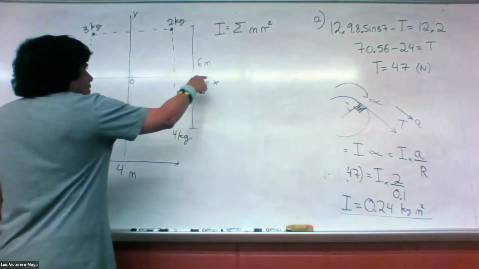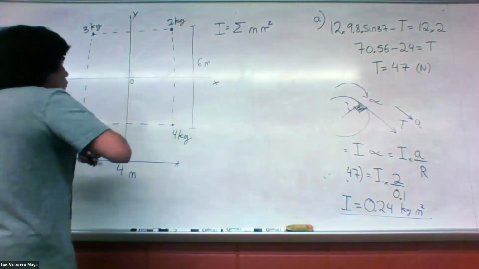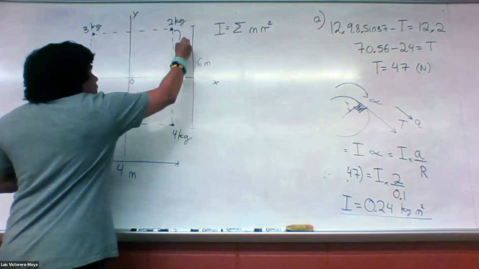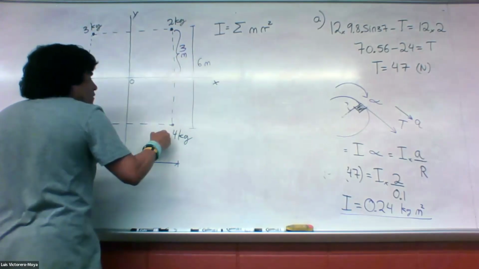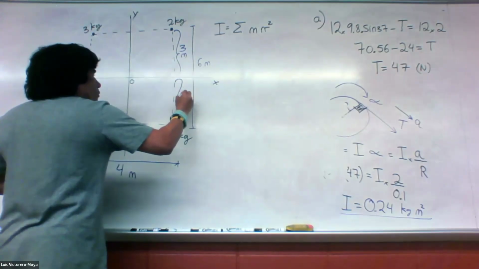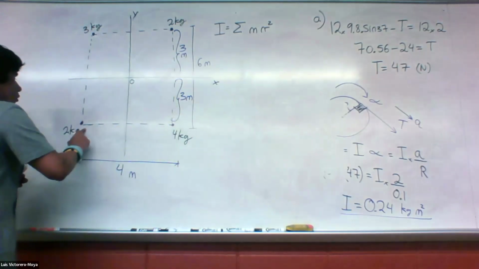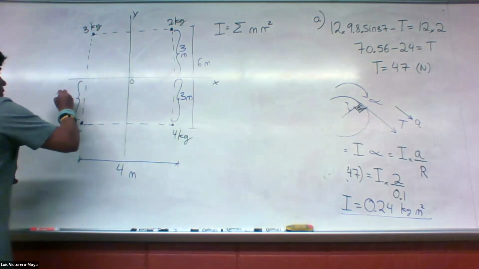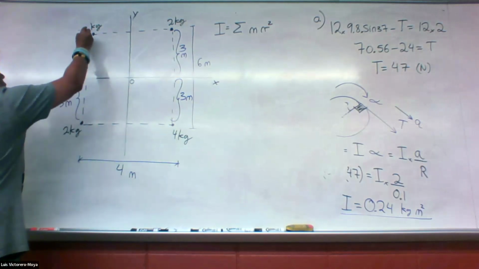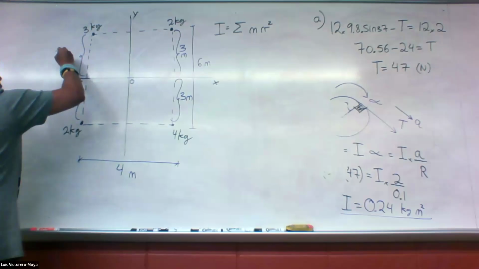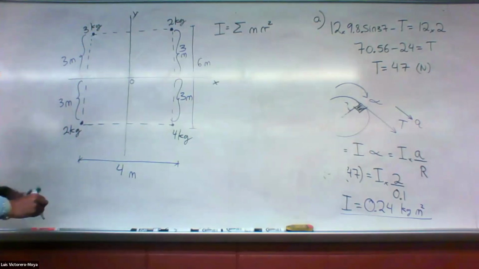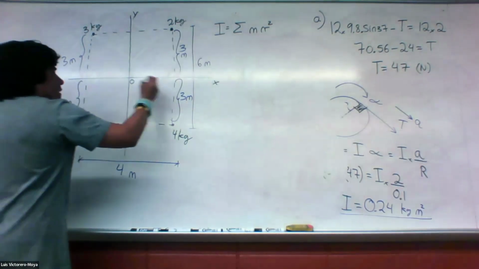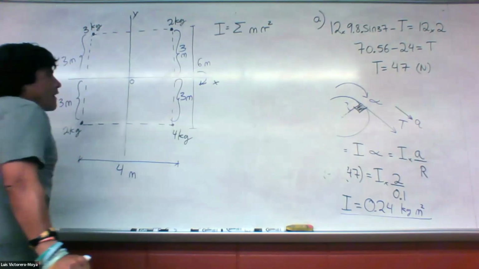And the axis of rotation is the x-axis. So for the 2 kilogram mass, the r is 3. For this one is also 3. For this is 3, and for this one is also 3. Because that's the axis of rotation, like that.